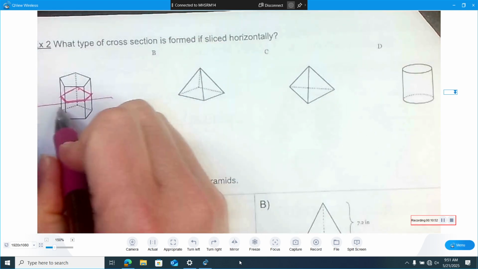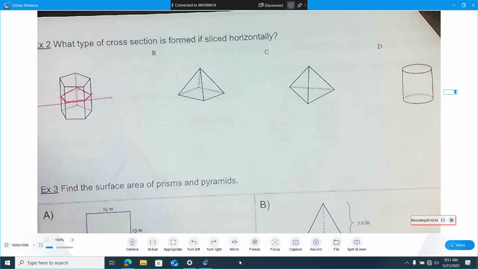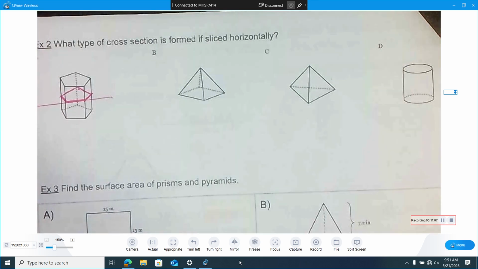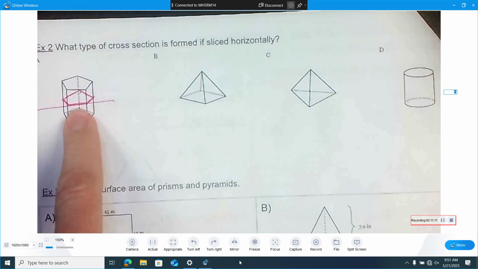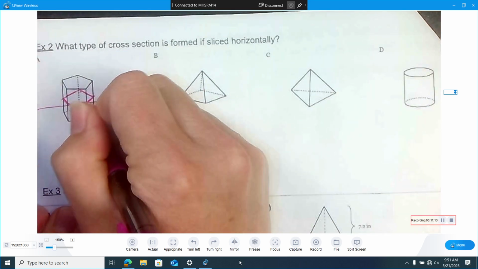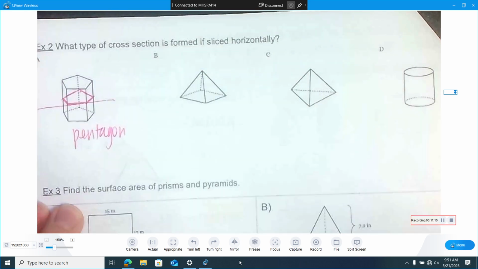You're exactly right. So imagine if I were to take this one, my figure is a hexagonal one, but all I'm doing is slicing through it and cutting it into two pieces. So now if you take the top off and look at the shape that you see, what shape is it? On this one, it's a hexagon, but on this one it is a pentagon. So pretty easy.